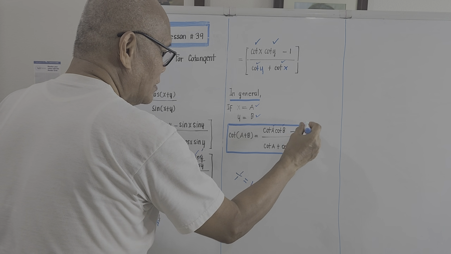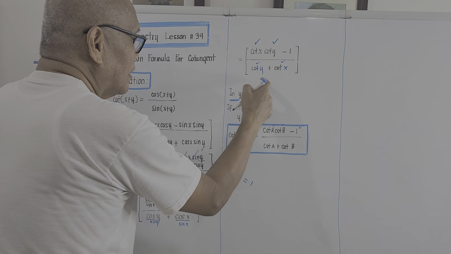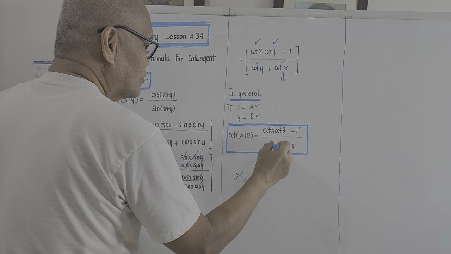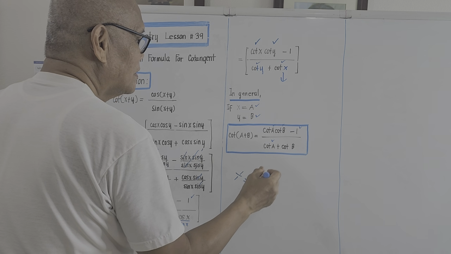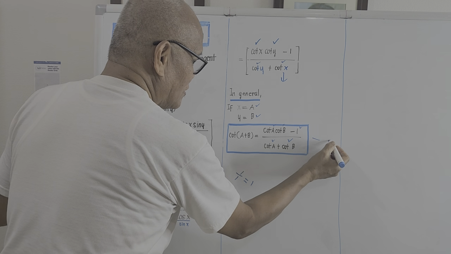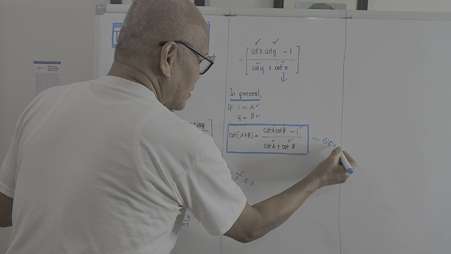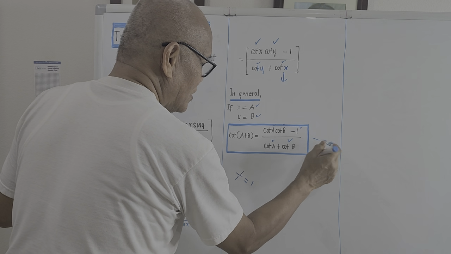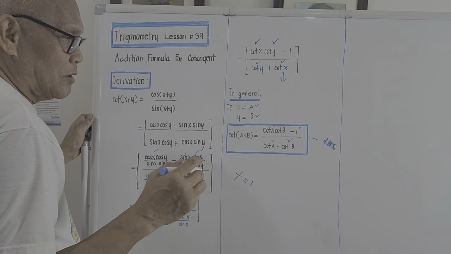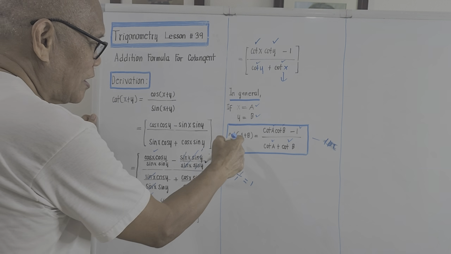This is a general identity for the cotangent expansion of a sum of two angles.